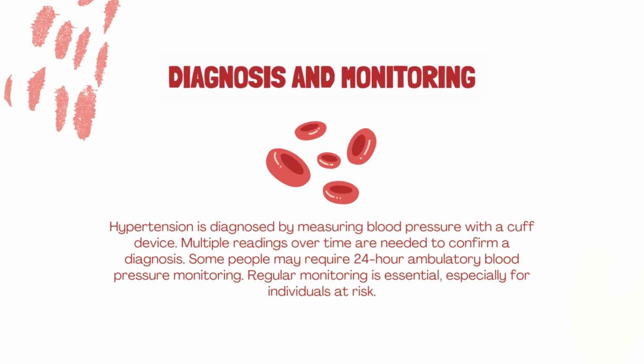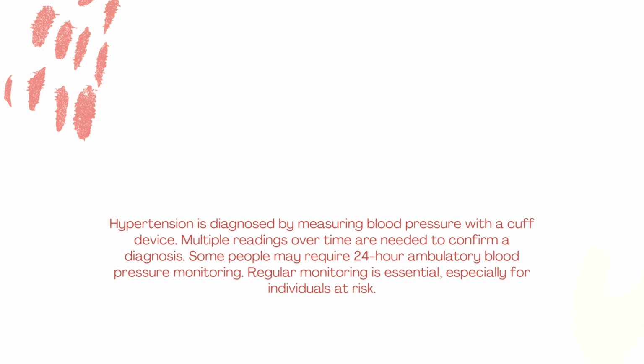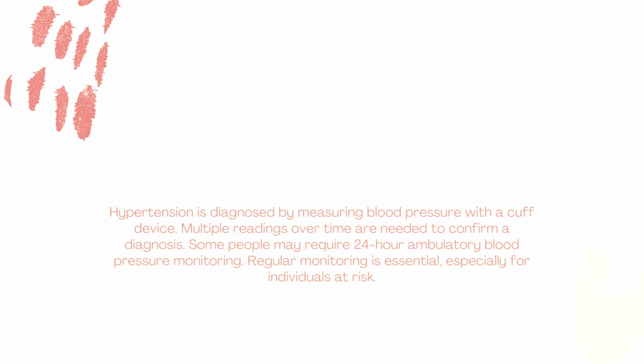Some people may require 24-hour ambulatory blood pressure monitoring. Regular monitoring is essential, especially for individuals at risk. Hypertension can also be related to stress. If a person has stress and is not sleeping properly, we have to monitor those patients as well.